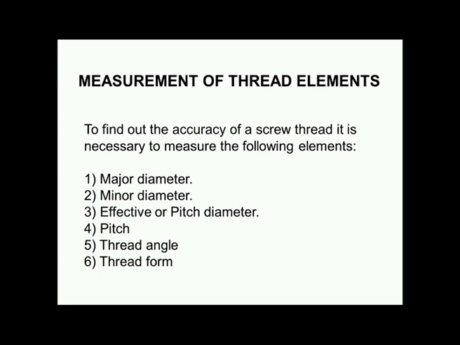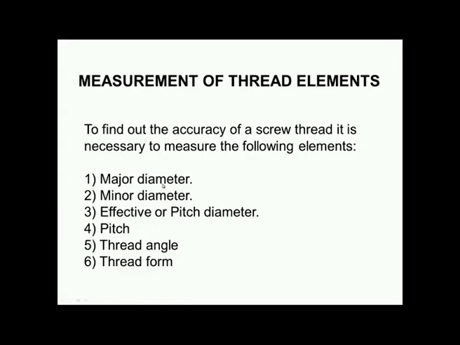Now, let us move to the measurement of thread elements. In order to find the accuracy of the screw thread produced, it is necessary to measure the various thread elements.